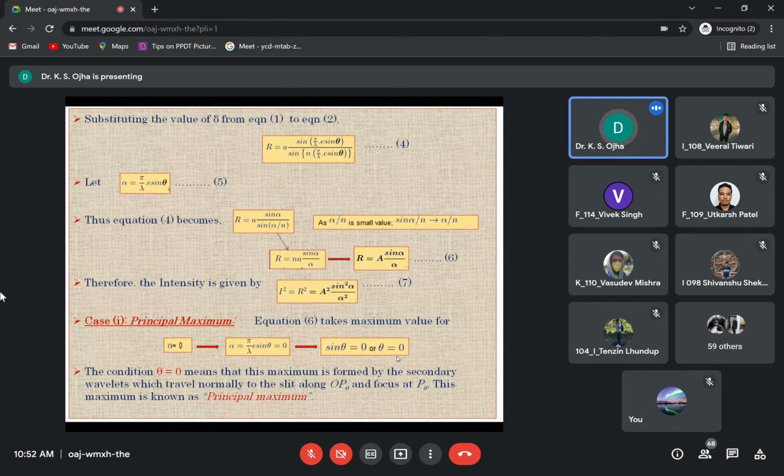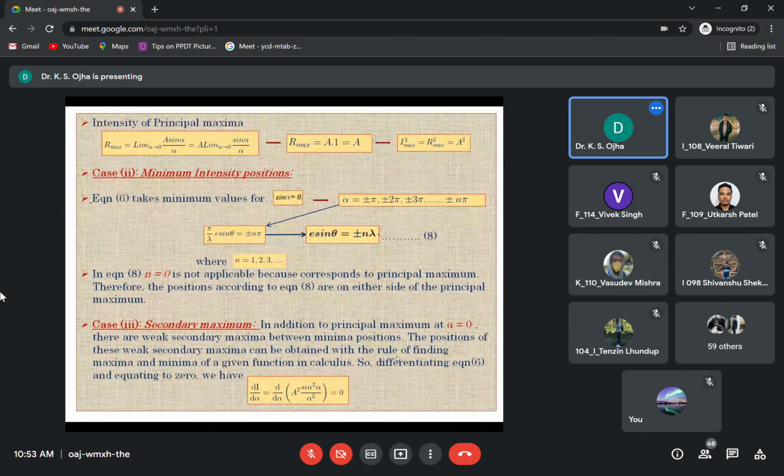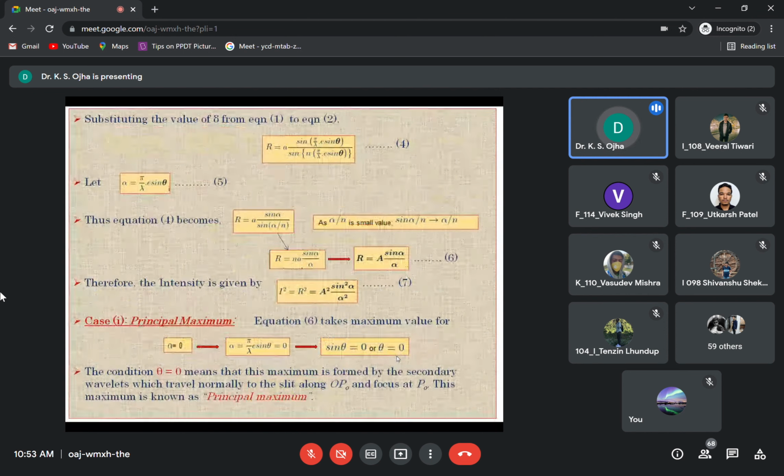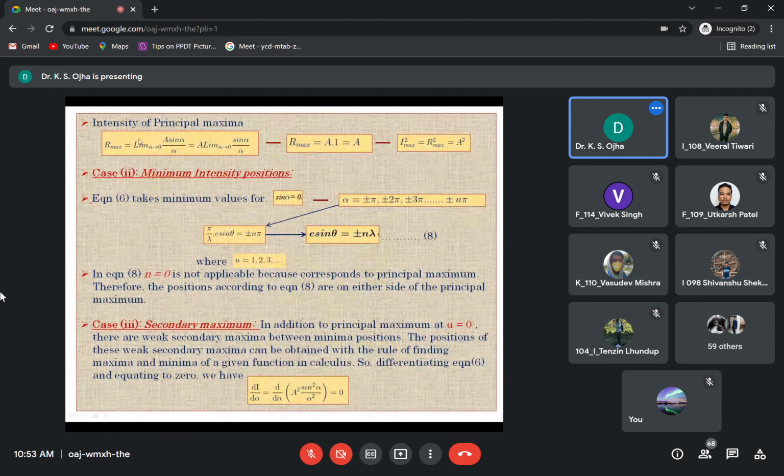Now, in addition to the principal maxima, what will be the intensity? To find the intensity of the principal maximum from equation 7, we apply the limit. R maximum will be the limit as alpha tends to 0 of A sin alpha by alpha, and the limit as alpha tends to 0 of sin alpha by alpha is 1, as you know.